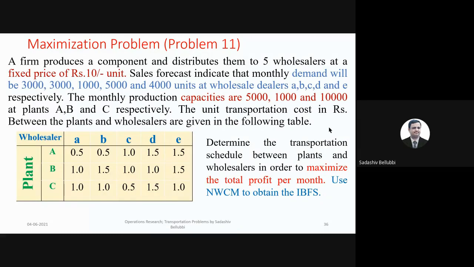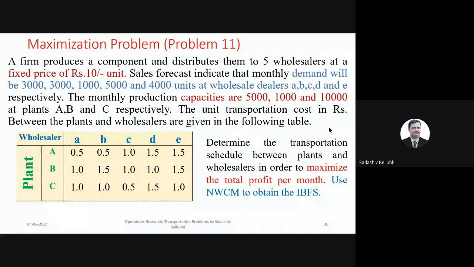The monthly production capacities, the supplies, are also given: 5,000, 1,000 and 10,000 at plants A, B and C respectively. The unit transportation cost in rupees between the plants and wholesalers is given in the following table. Determine the transportation schedule between the plants and wholesalers in order to maximize the total profit per month.